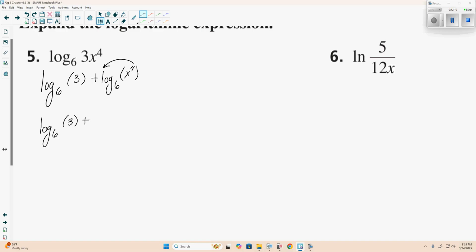But with our other term, we can move the 4 to the front, our power property, telling us that we can simplify it to 4 times log base 6 of x. And we know that both of those logs are positive because the terms inside are on the top of the fraction. So we're good there.